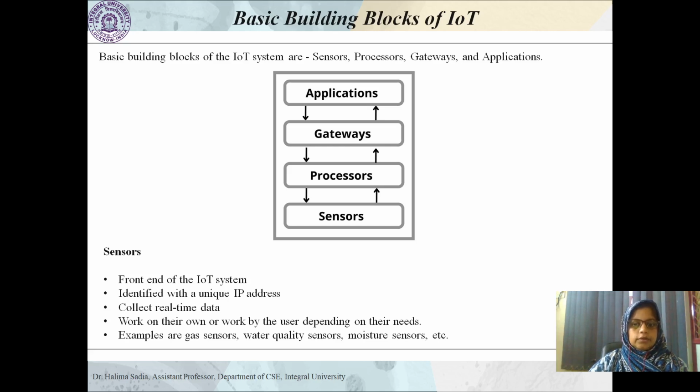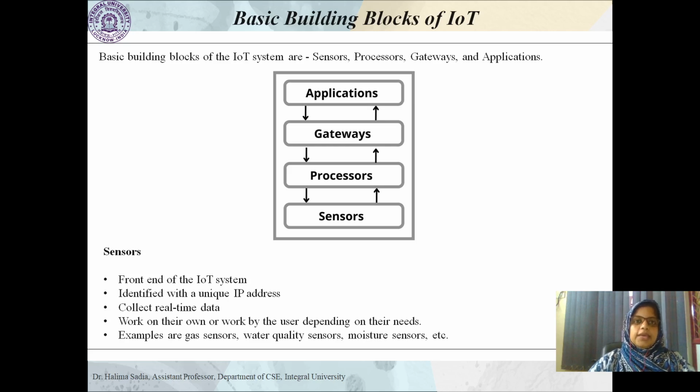To start with, we have sensors. Sensors are the front end in an IoT system. The main aim of the sensor is to collect data from the environment and give out this data to the environment through actuators. Sensors are identified with the help of a unique IP address.